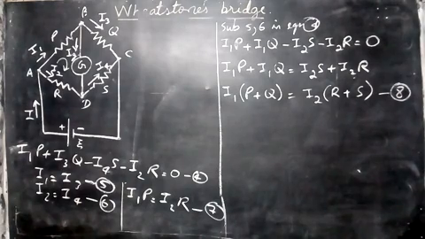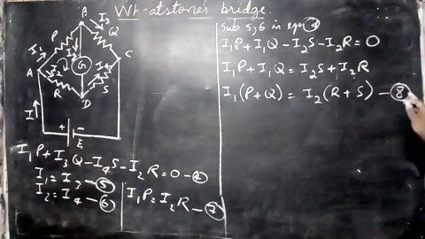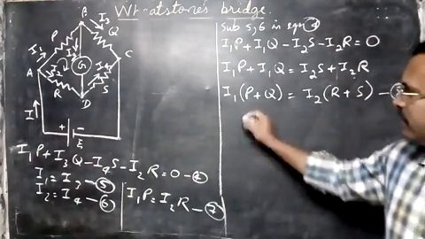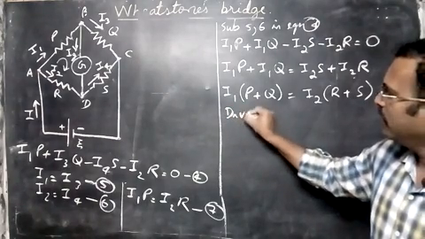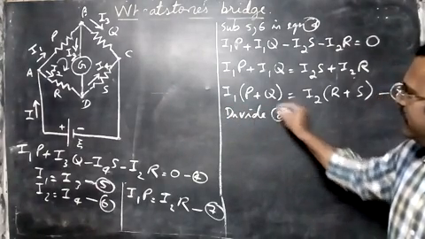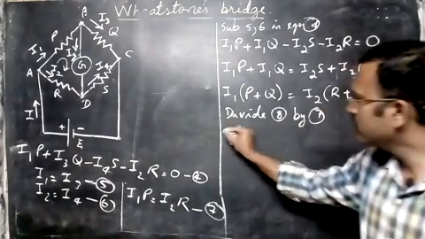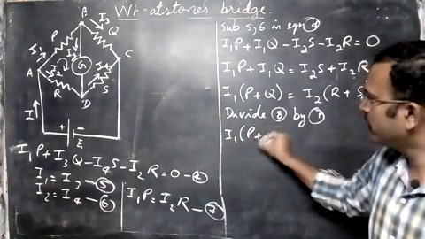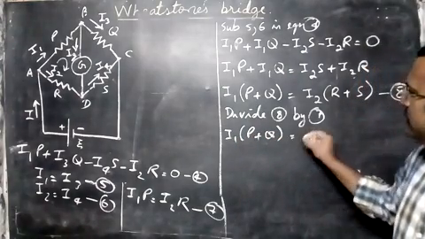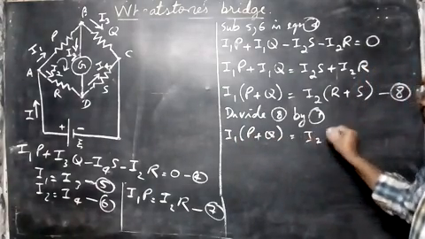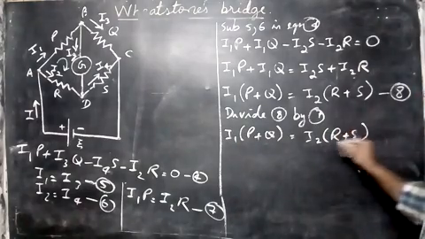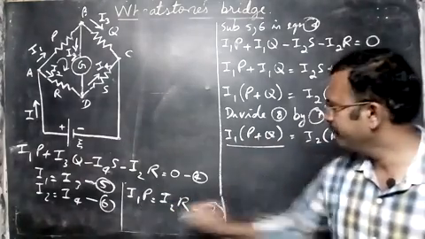Okay, so next what we do, we have to divide equation 8 by equation 7. Okay, so divide equation 8 by equation 7. Okay, divide and see. So I1 into P plus Q, okay, I'll write the equation 8 first. I2 into R plus S, okay, divided by this one, equation 7.